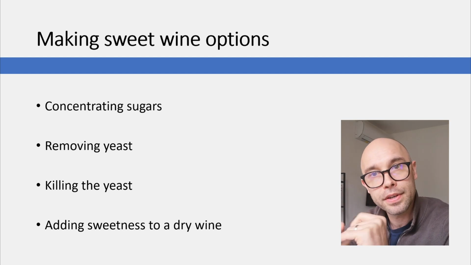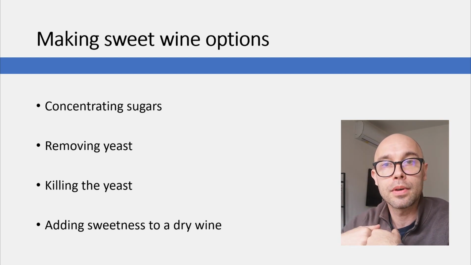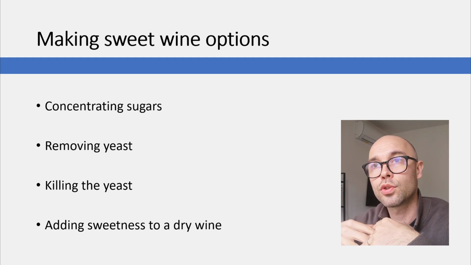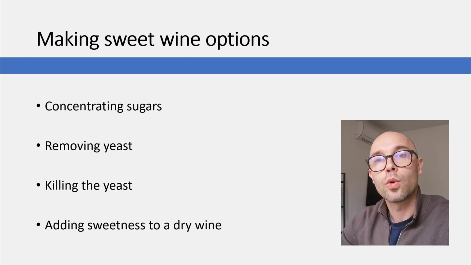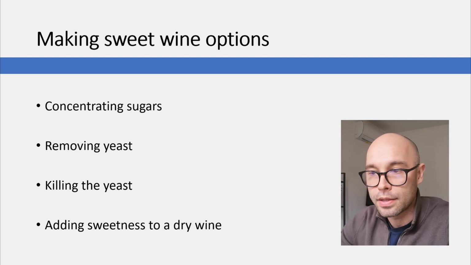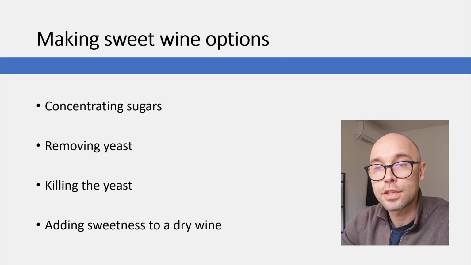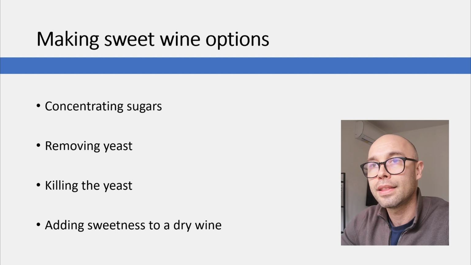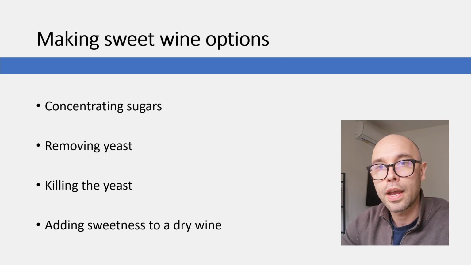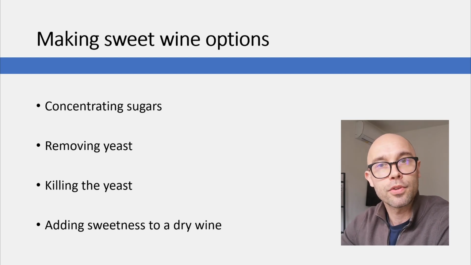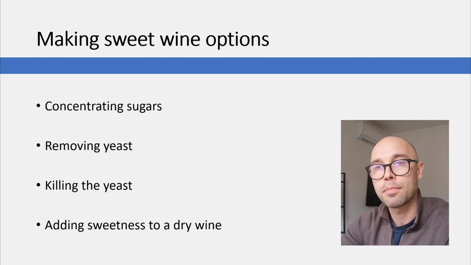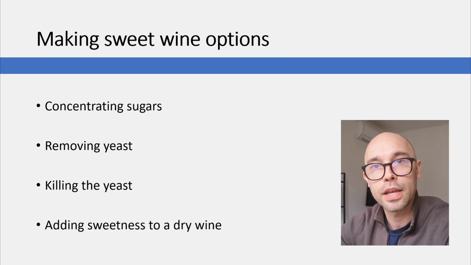So these first three ways are, I would say, ways to make high quality sweet wines. The fourth one, adding sweetness to a dry wine, I would say is not a way to make sweet wine of the highest quality. Usually this is an easier way to do it.